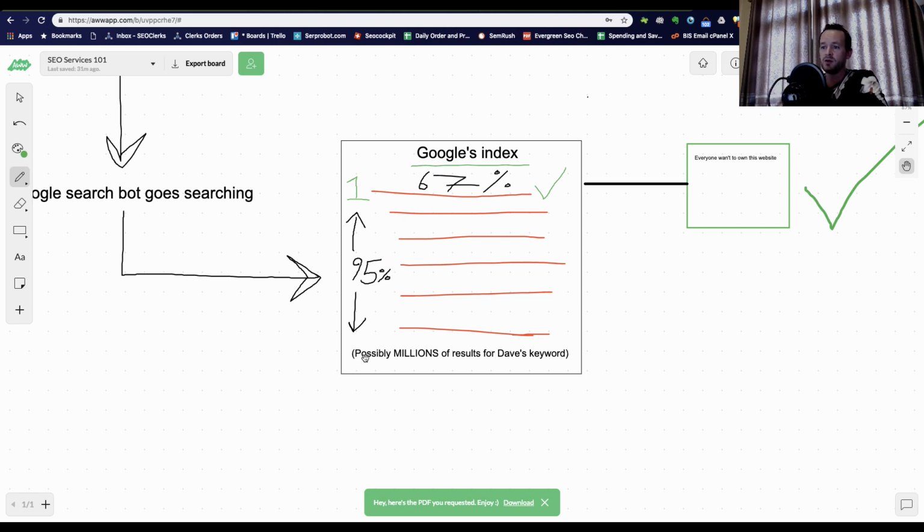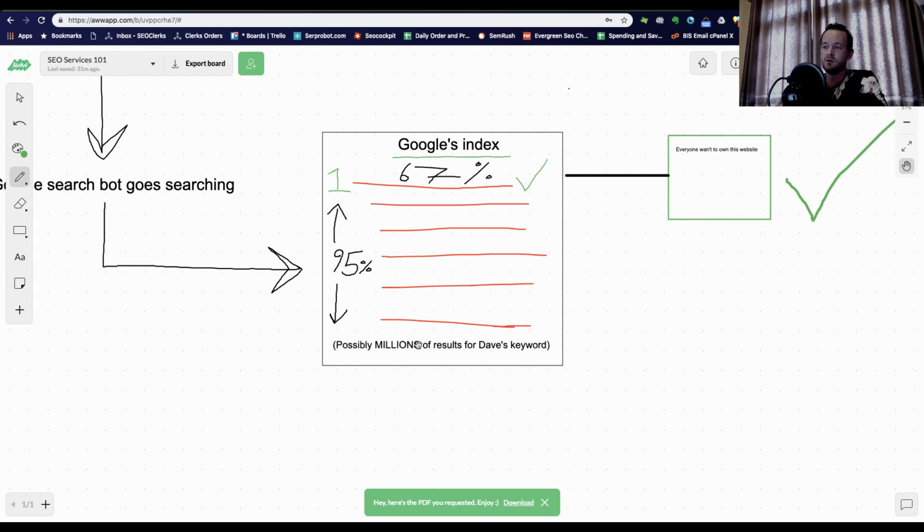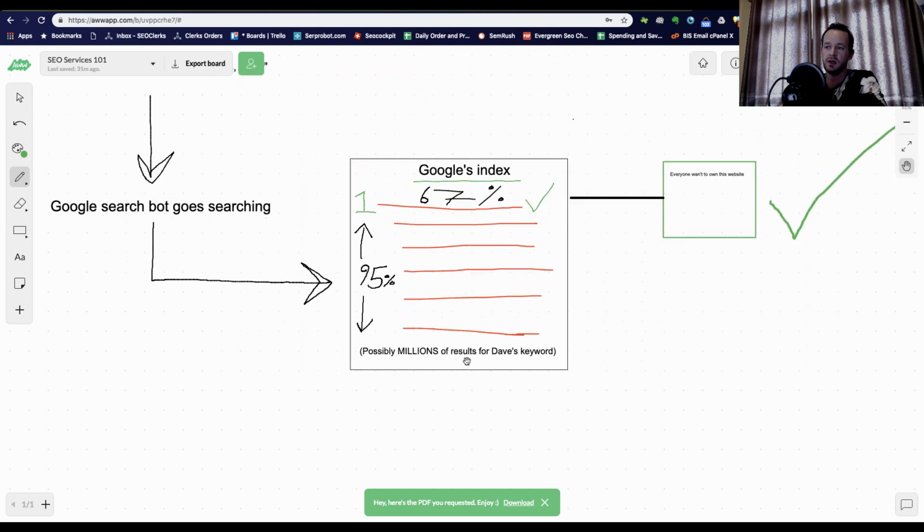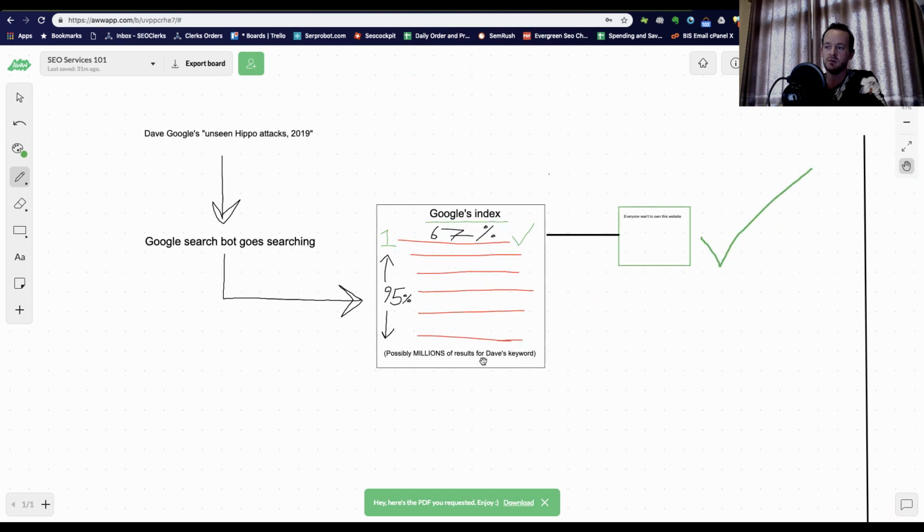So there could possibly be millions of search results for one keyword. I'm not talking about all of the websites on the internet, I'm just talking about the keyword itself. So for Dave's keyword here, unseen hippo attacks 2019, there's probably not too many search results. Most of the time things like that will be YouTube, but I'm sure you understand what I mean.